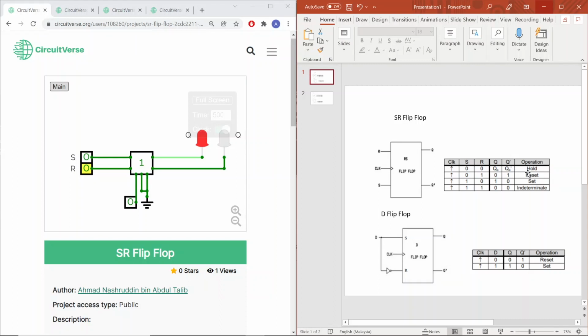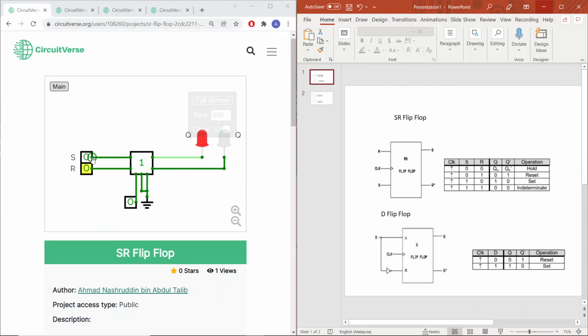Hold means the output here is the output that is stored from the chip before.